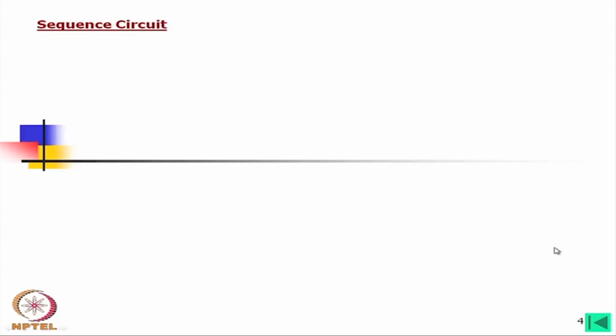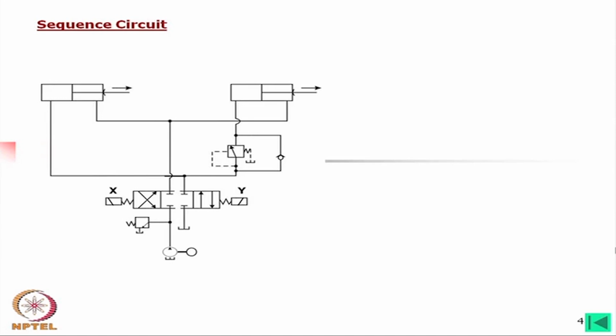Now, we will come to the next operation, called the sequence circuit. Here I have drawn a circuit. You can see there is a cylinder A, there is a cylinder B, and a 4/3 DC valve, and X, Y are the solenoids.